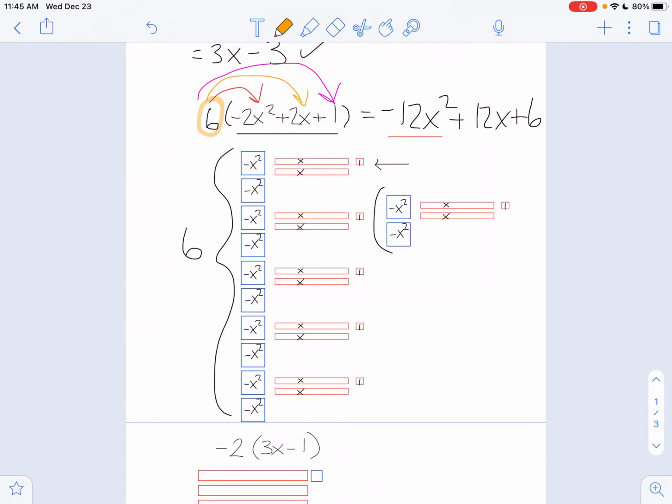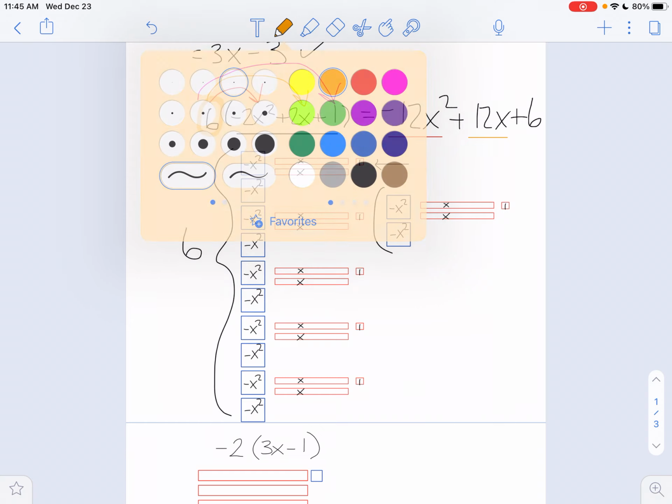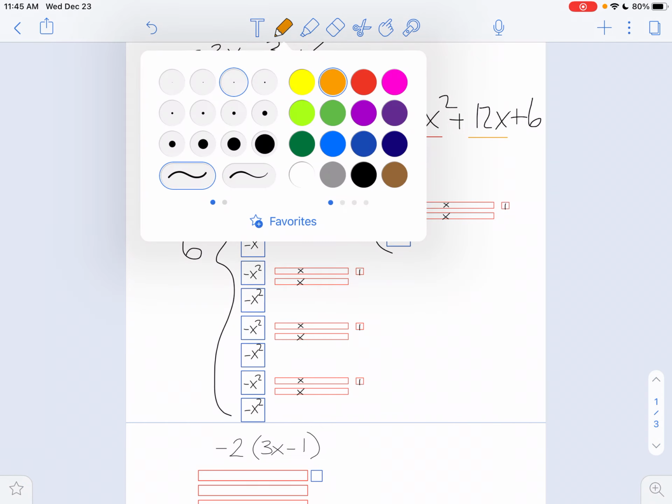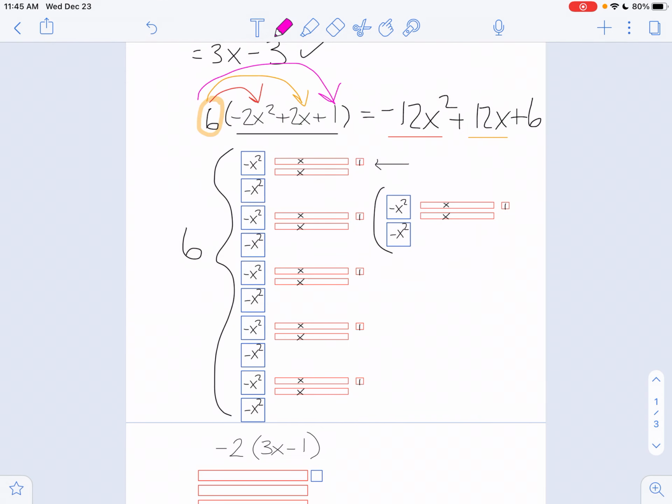Then I'm going to do 6 times 2 is 12 and there's an x glued onto that term, so that's included there as well. And then finally 6 times +1 is plus 6. Don't forget that you still need to always have addition or subtraction between each term.